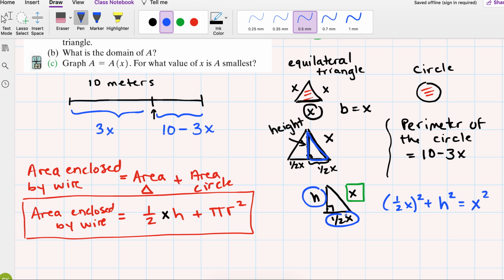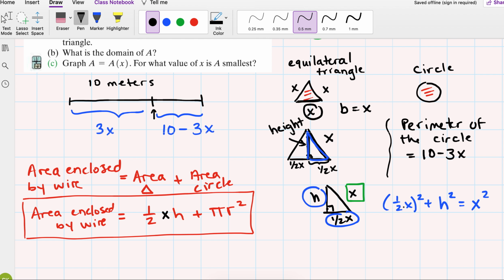Right? These are the two shorter sides. They're always the legs of the triangle, and this is the hypotenuse. And it says, square this one, square this, add it together, you get this one squared. So using this equation, we can solve for h.